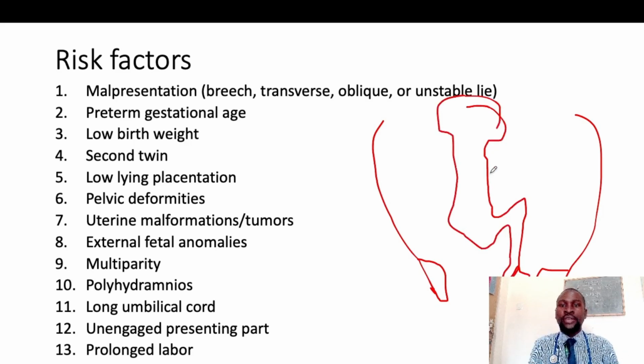Forgive my drawing. If you have such a presentation, this is a breech presentation. This is the uterus, and this is the cervix. These are the legs presenting.